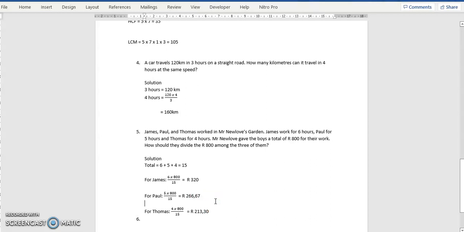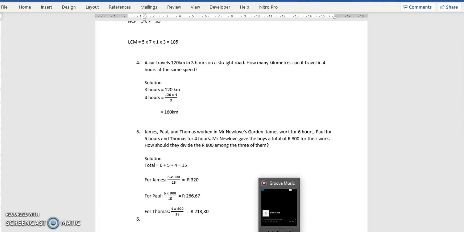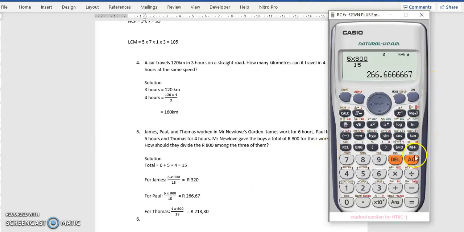Then the last one. The last one, we can use this to do. Let's press. Where is our calculator? Here you are. Okay, so let me move my cursor to 4.